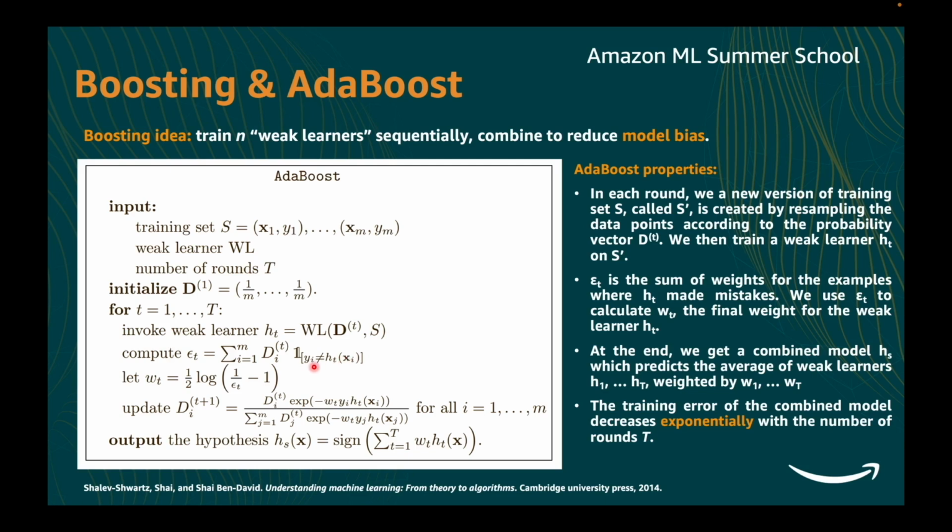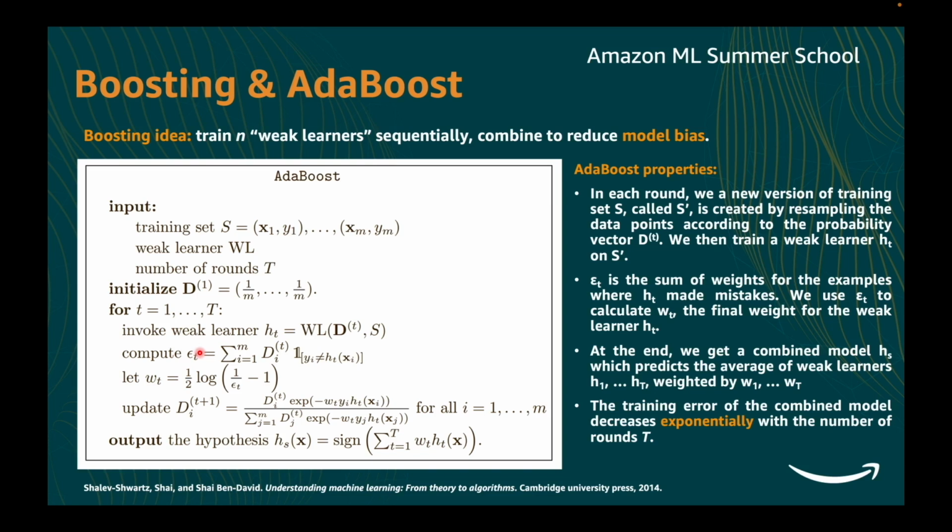I'm going to see where it does not match my ground truth, where it is different from my true label y, right? And all the ones where it is different from my true label y, I'm going to pick all of those examples, and I'm going to pick the associated probability weight of those examples and sum it up, and that gives me this term epsilon t. This is my error term.